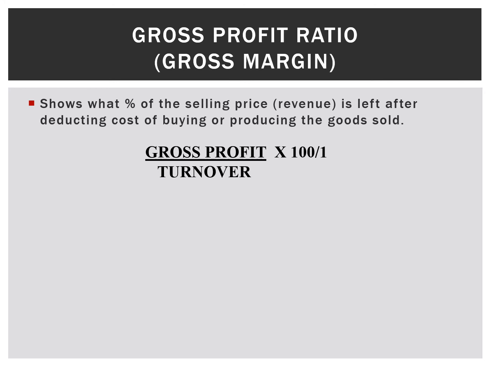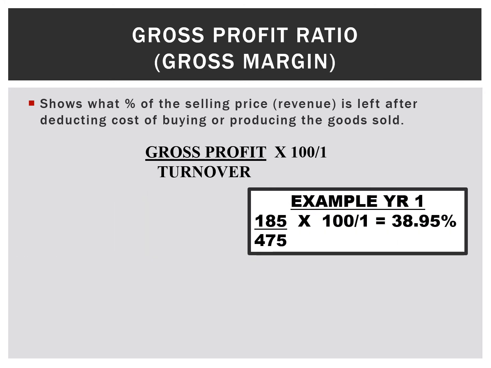So if we look at the example that I've given you, year 1, the gross profit is 185, revenue's 475. That gives us a gross profit percentage of 38.95%.